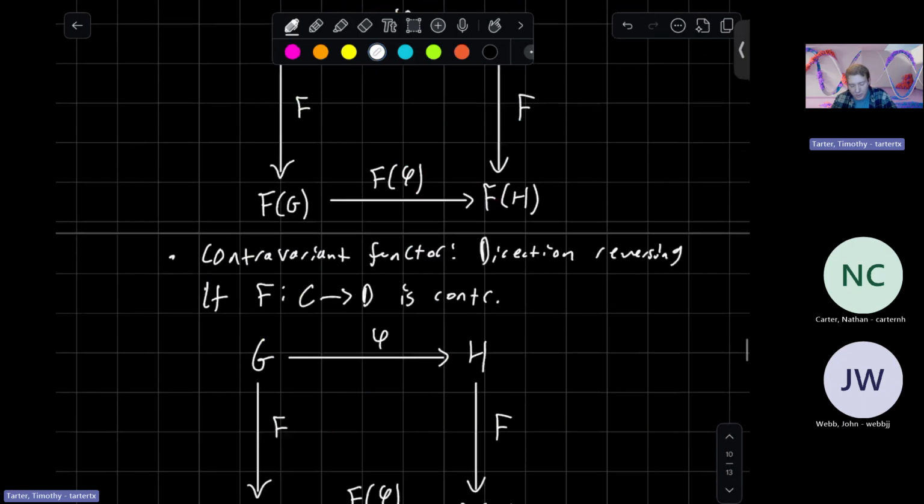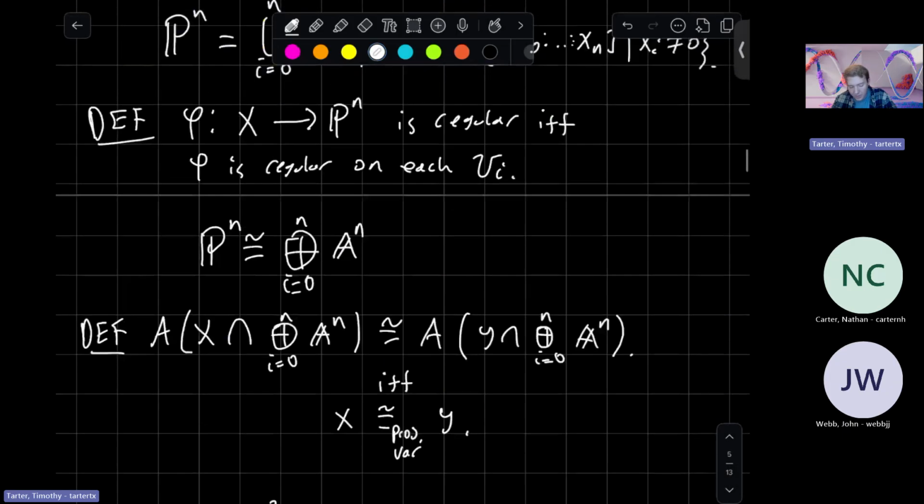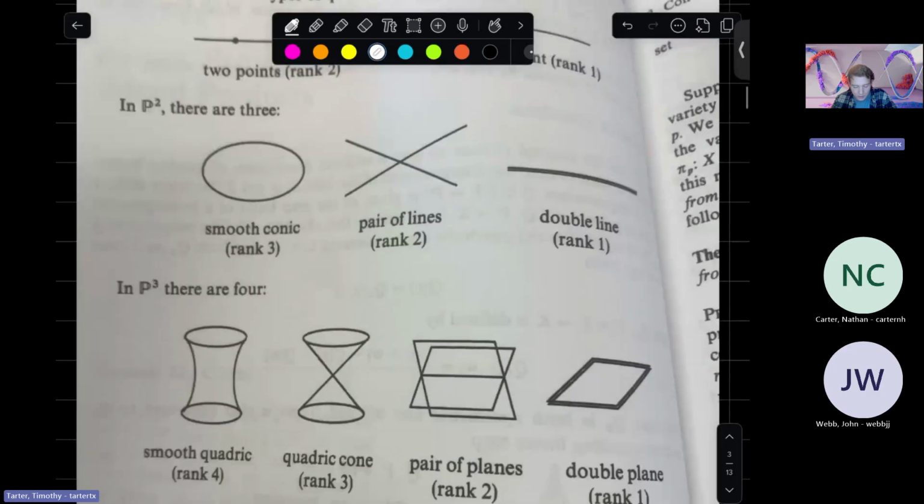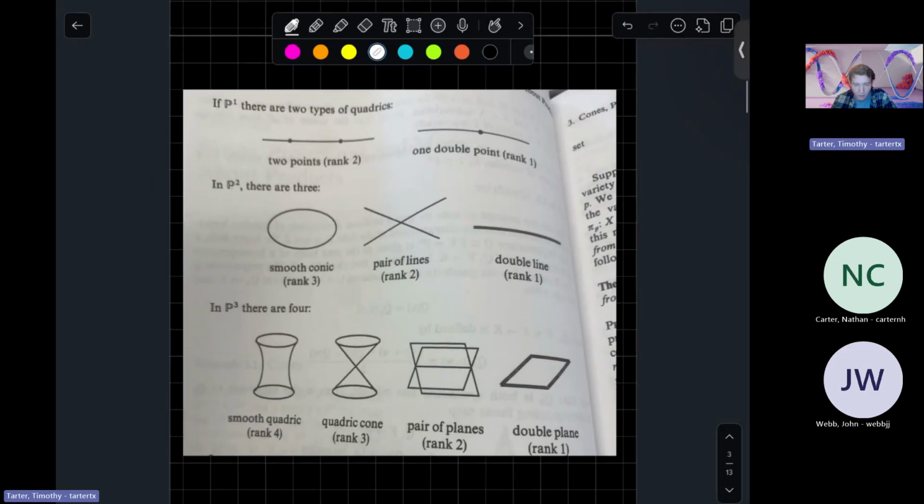Next lecture we're talking about moduli spaces. Essentially the goal is we want to classify all of the varieties, or all of something of a certain type, based off of some numerical invariant. For algebraic curves, we do this with genus, right? You have genus 0 curves of some degree, genus 1 curves of some degree, 2, etc. That's a moduli space.